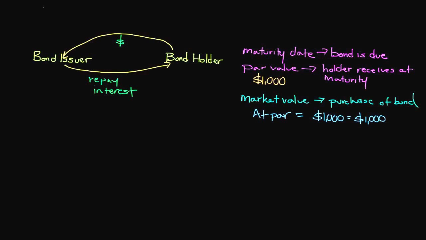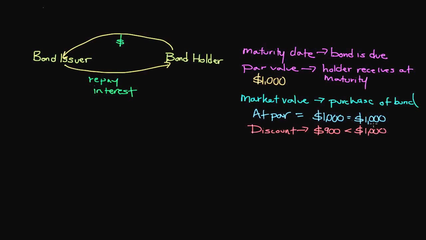Now, you can also purchase a bond at a discount, which means you purchase it for less than the par value. So let's just say that we pay $900 and the par value is going to be $1,000.